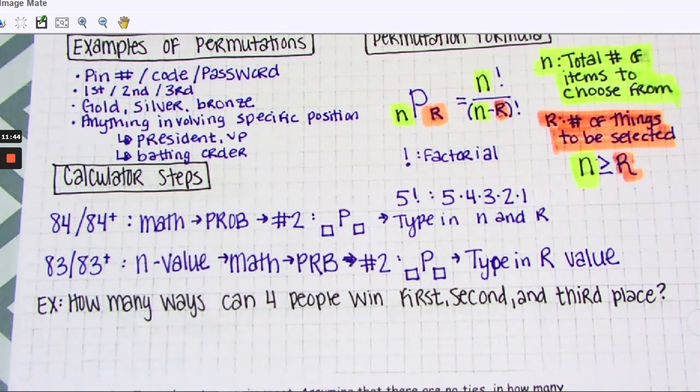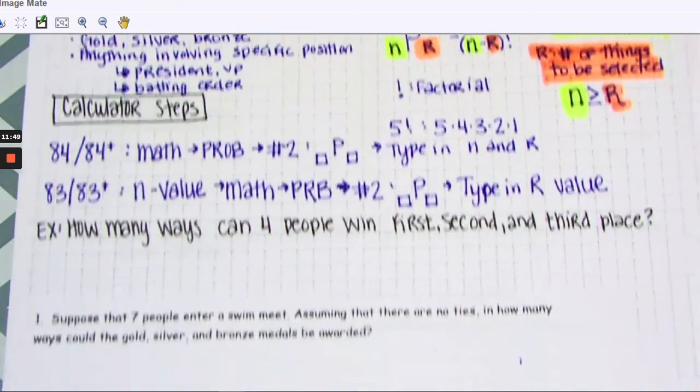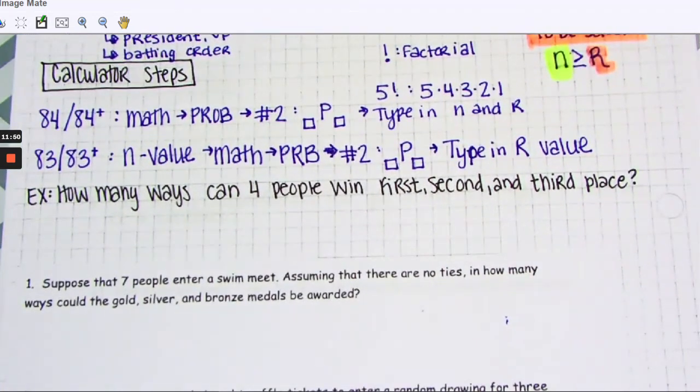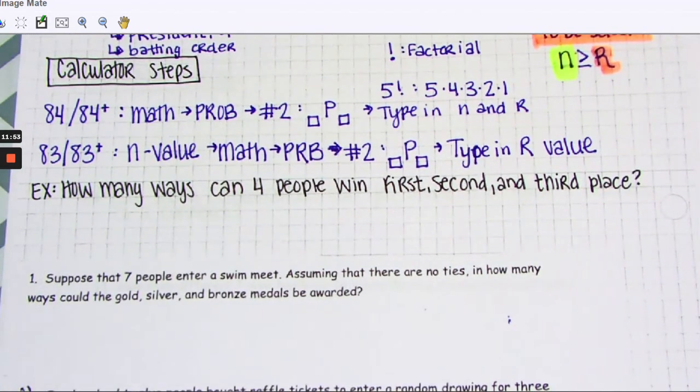Okay? So let's try an example. How many ways can 4 people win first, second, and third? We haven't necessarily learned combination yet, but you just have to ask yourself, does the order matter? I'm winning first, second, third. Does it matter if I win first place versus third?